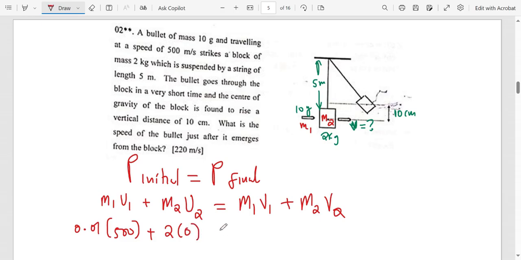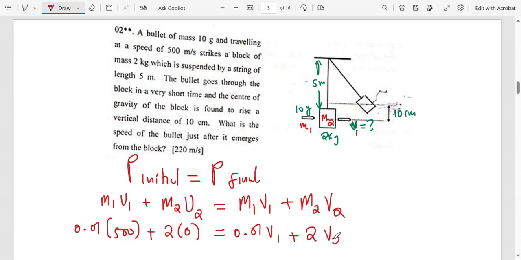And this is going to be equal to m1, the mass of the bullet, is still 0.01, and then multiply by v1. We don't know, that is what we are trying to calculate, v1, the velocity at which it had to come out. And then plus m2, the mass is 2, but we don't know v2 also.